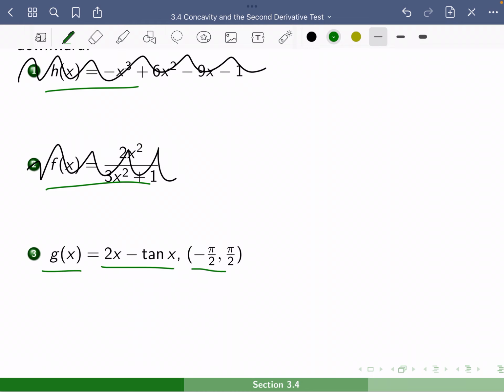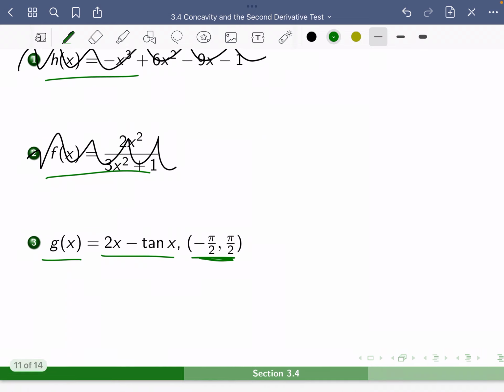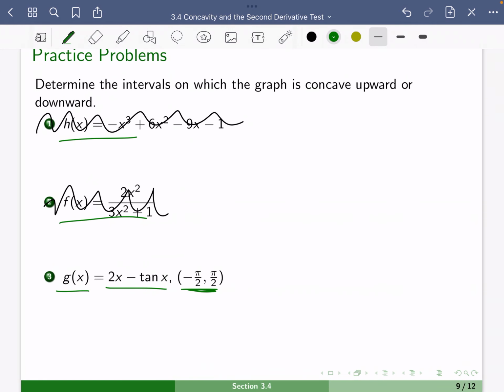We're only interested in finding the concavity in the interval from negative pi over 2 to positive pi over 2. So outside of that, we are not going to worry about the concavity. We only want to know in that interval. So first I would observe, is there anywhere that this function is undefined in this interval?